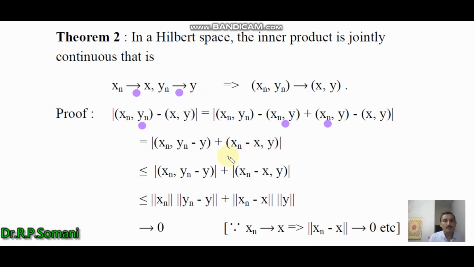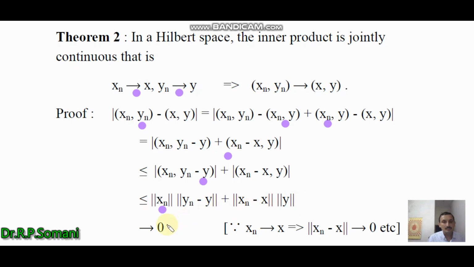Then by the property of the modulus, this is less than or equal to modulus of the inner product x_n, y_n minus y plus modulus of the inner product x_n minus x, y. And then by the Cauchy-Schwarz inequality, this is less than or equal to norm x_n into norm of y_n minus y plus norm of x_n minus x into norm y.